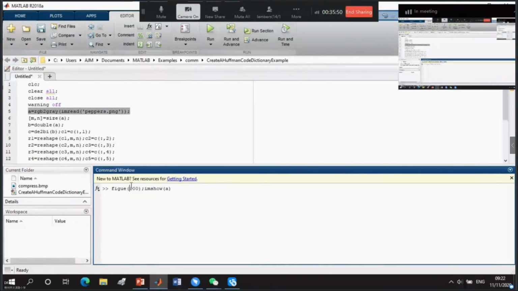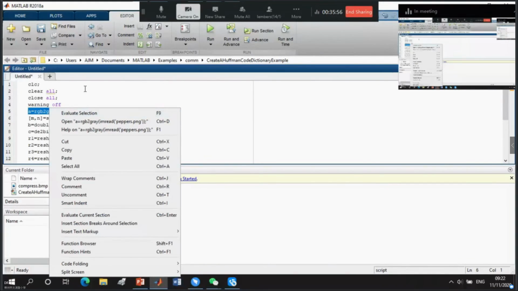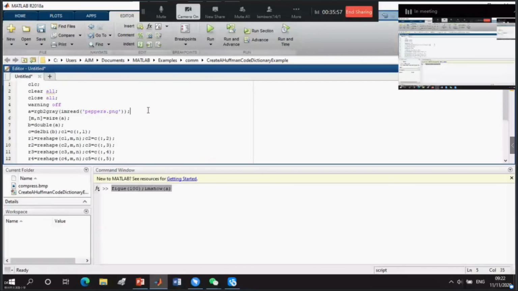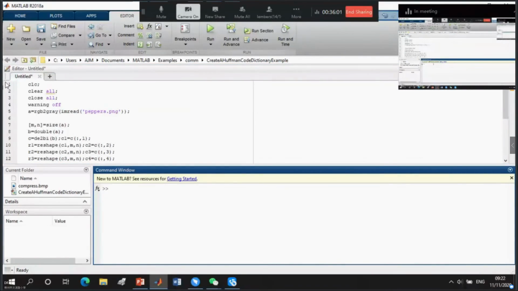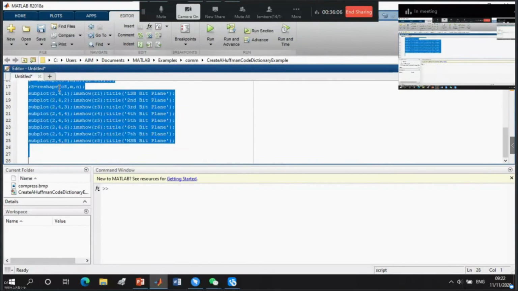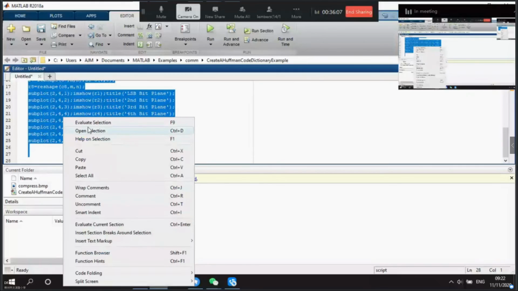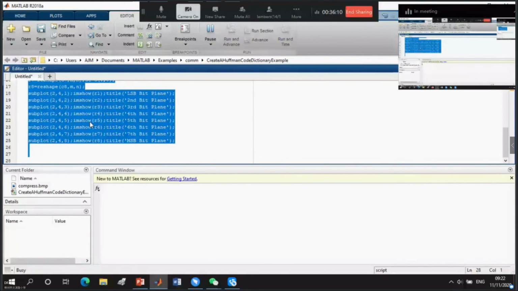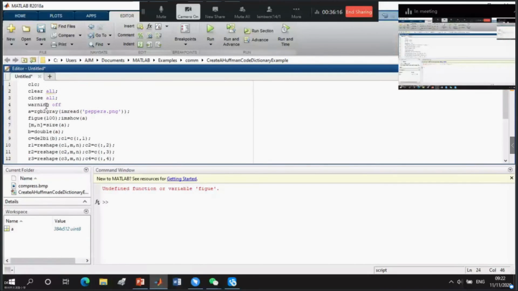Now let me add this inside my code. I show A. Then maybe it will be more clear. Nice. I put the figure.